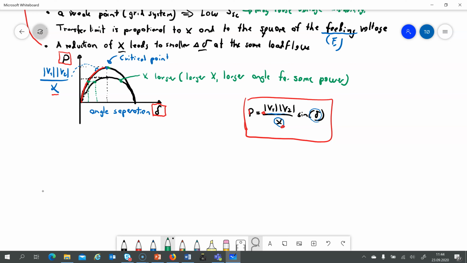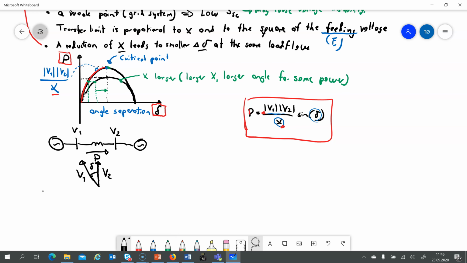So you can see here now we have to have a higher angle difference when we get higher reactance. It becomes more separated, and you can see also we are approaching the critical point, and that is not good, because then you can get an instability in the system.